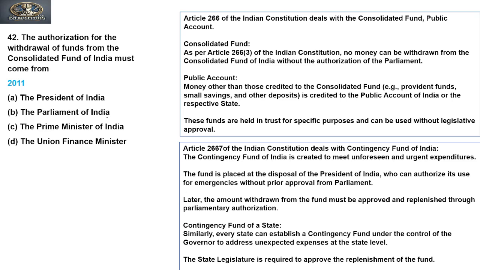The next question was asked in 2011. The question says: the authorization for the withdrawal of funds from the Consolidated Fund of India must come from.